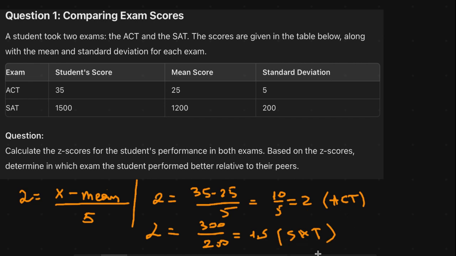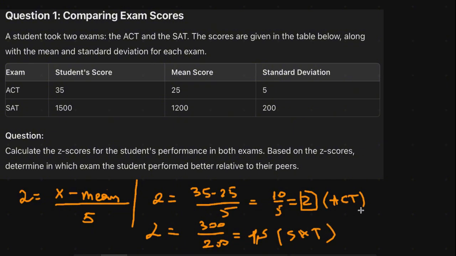So now I have these two z-scores, and they are different, which tells me that the higher the z-score, the better the student performed on the exam. So this student did better on the ACT, with a z-score of 2 compared to 1.5 on the SAT.